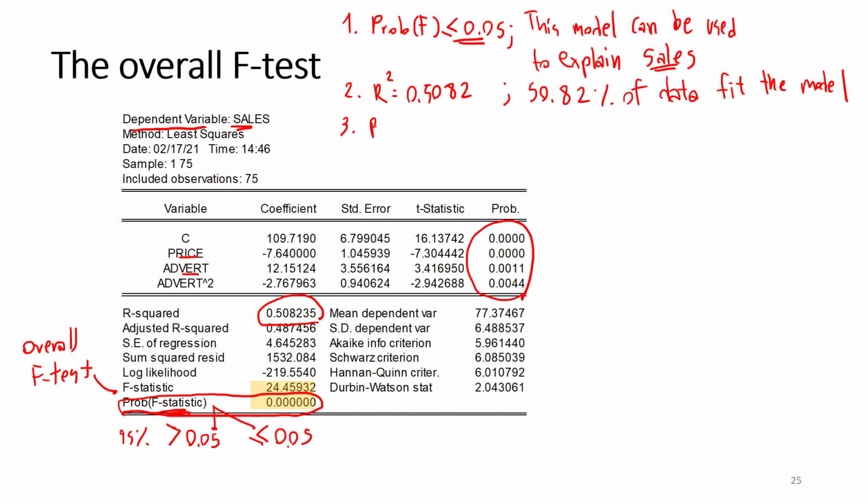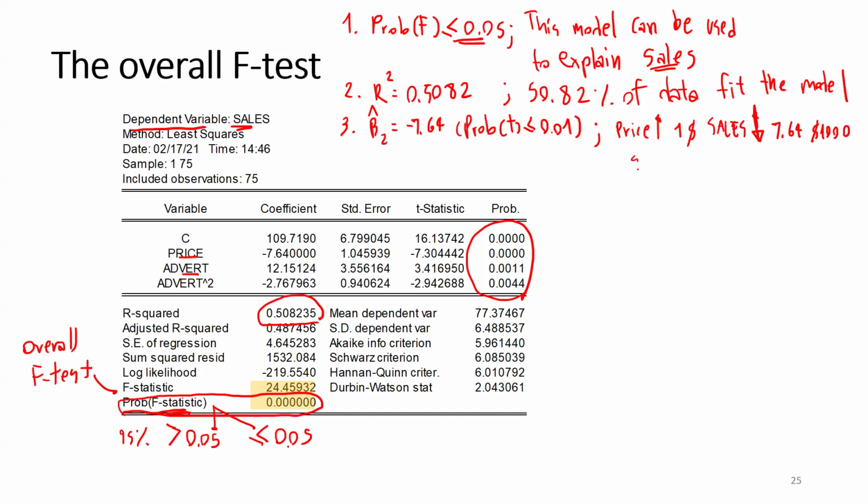For example, beta 2 hat equals minus 7.64 with p-value less than 0.01, which indicates that if the price increased by $1, sales decreased by 7.64 thousand dollars.